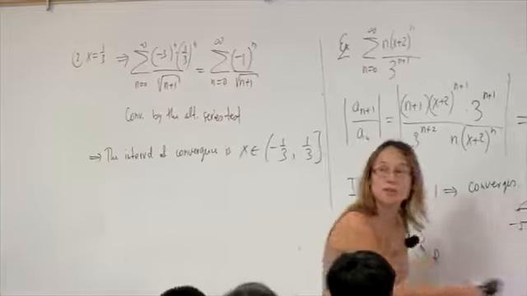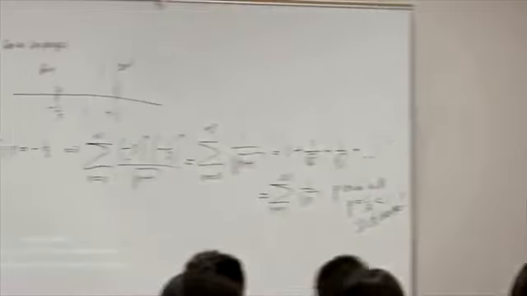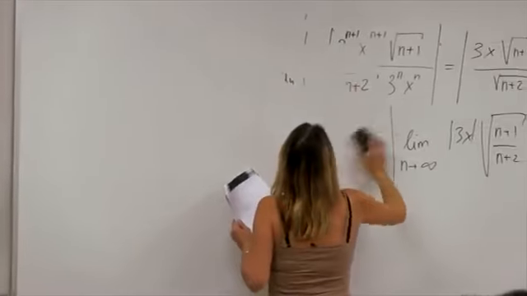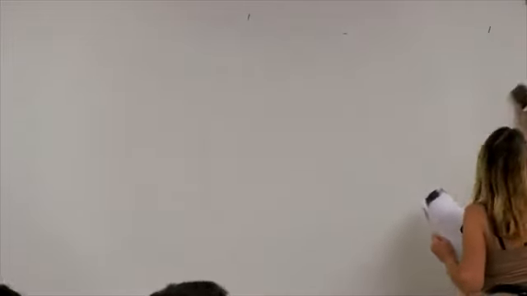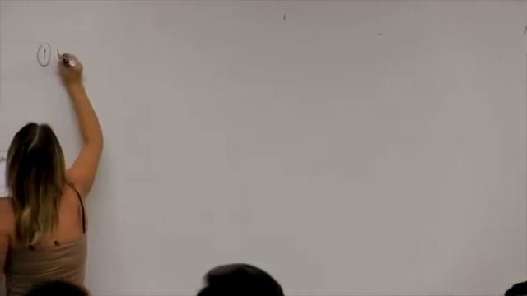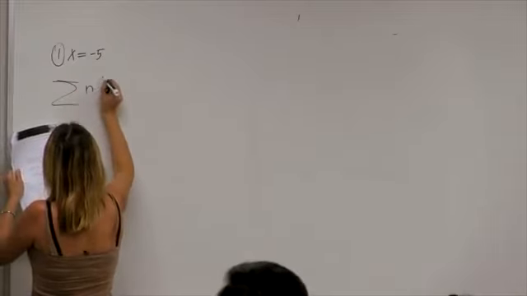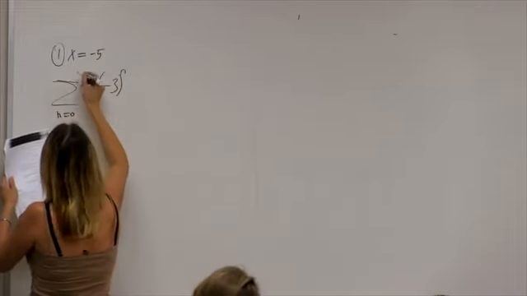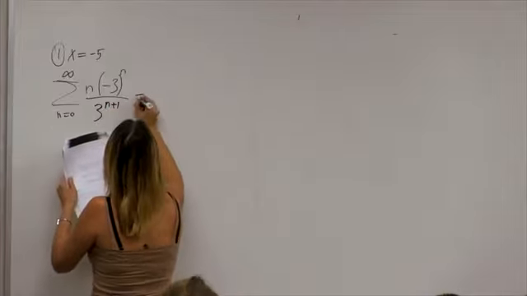Now we have to check the two ends. Do it very quickly. We still have a couple of minutes. So the questionable points are minus 5 and 1. So x is minus 5. What do I get? Minus 3 to the n, n over 3 to the n plus 1.